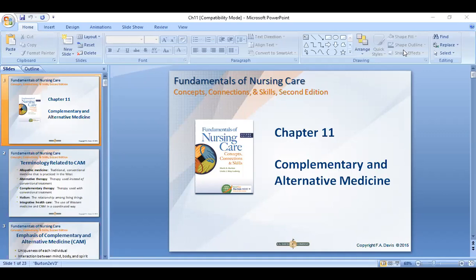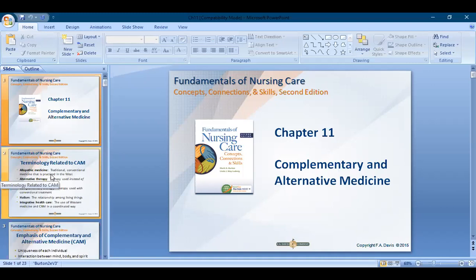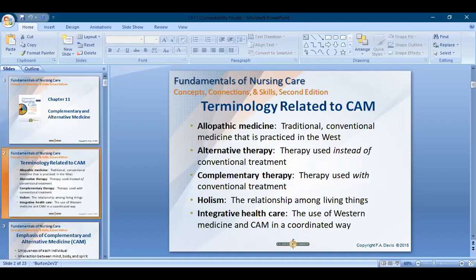Some books say complementary medicine, some say complementary and alternative medicine, and some say integrated medicine or holistic medicine. Different names, but the same thing. So basically, this is an alternative way of practicing medicine, but our main target is healing the disease process.